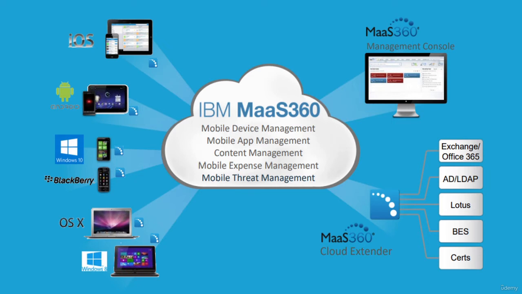In other words, every time you boot up your phone, it goes to the IBM MaaS360 Cloud, then authenticates to your Active Directory infrastructure. Same thing with BlackBerry Enterprise Server or certs. You can manage certs from the cloud.